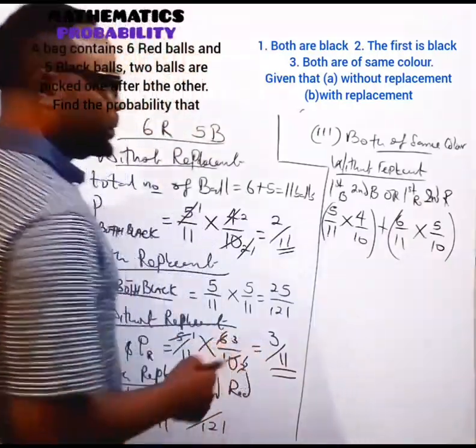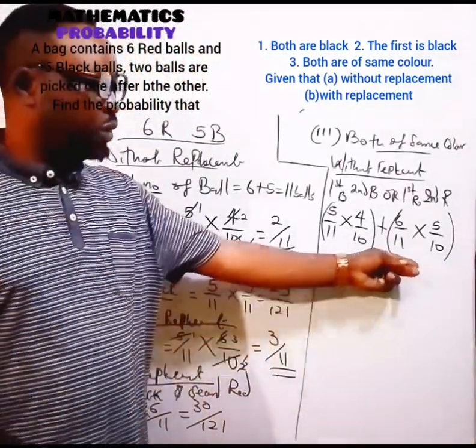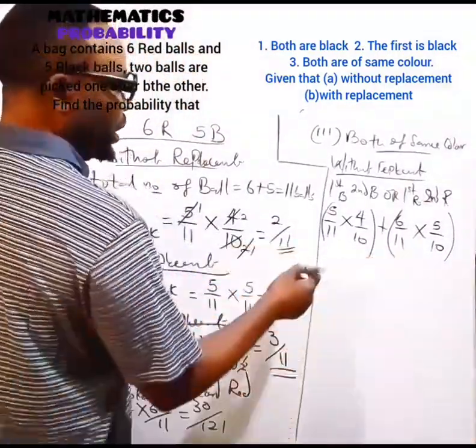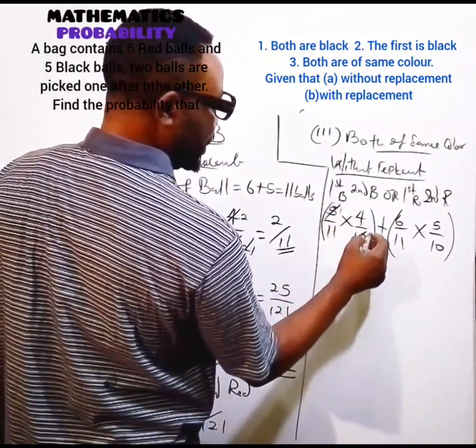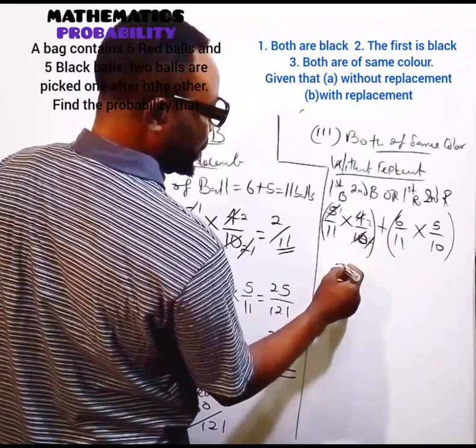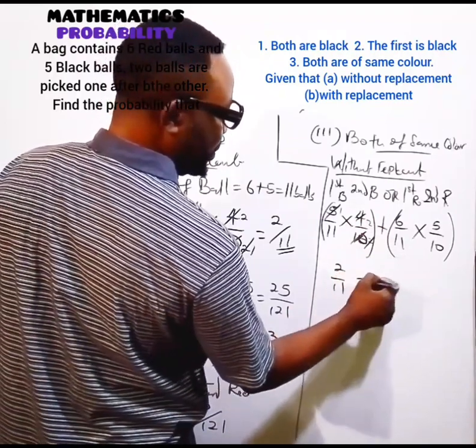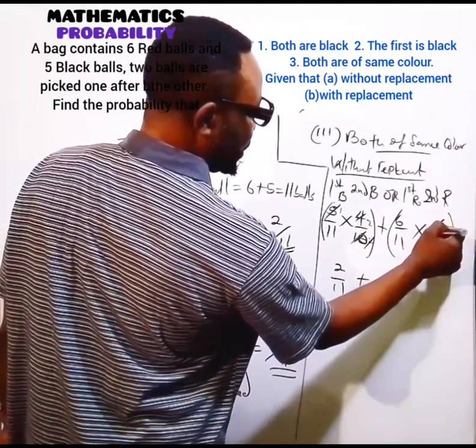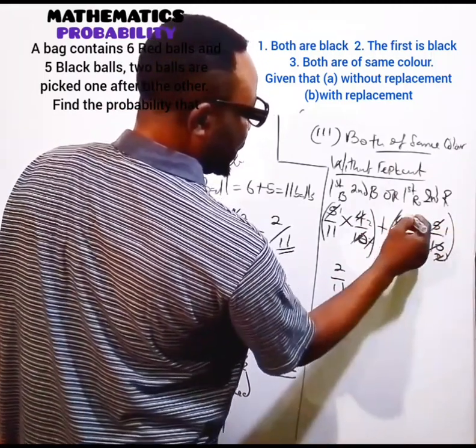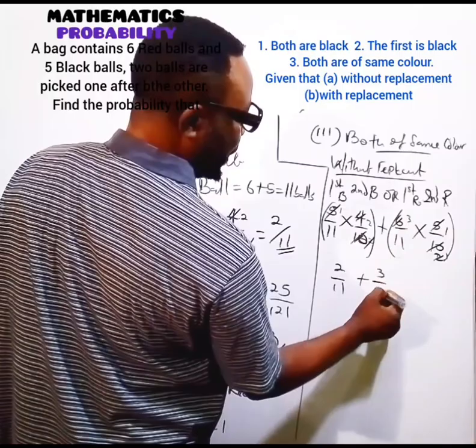Simplifying, this one is 2 over 11 plus this one is 3 over 11.